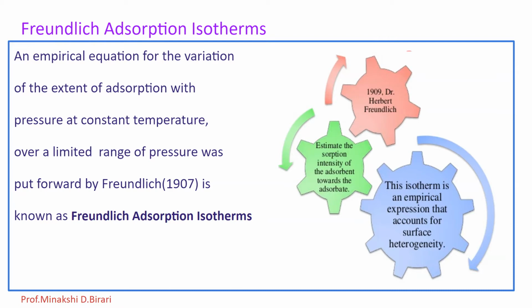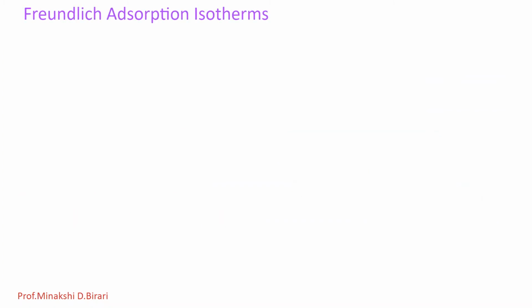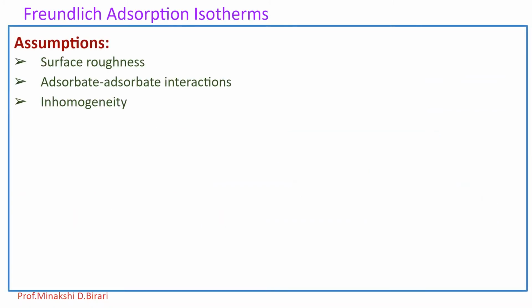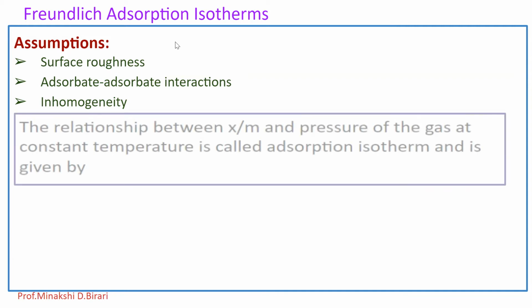The Freundlich adsorption isotherm is based upon the following assumptions: surface roughness, adsorbate-adsorbate interactions, and inhomogeneity. These are three important assumptions related to the Freundlich adsorption isotherm.